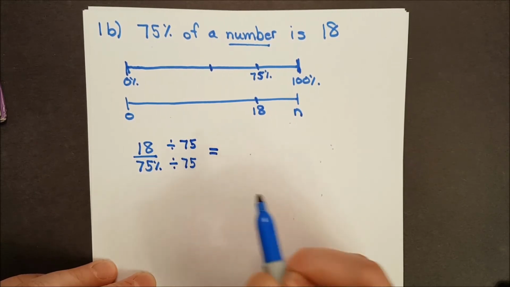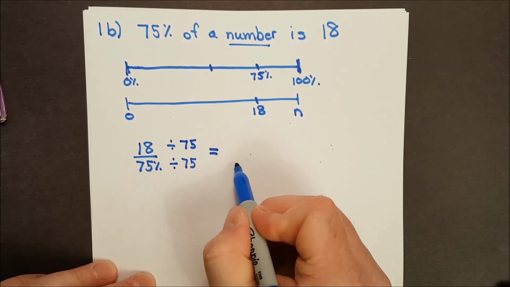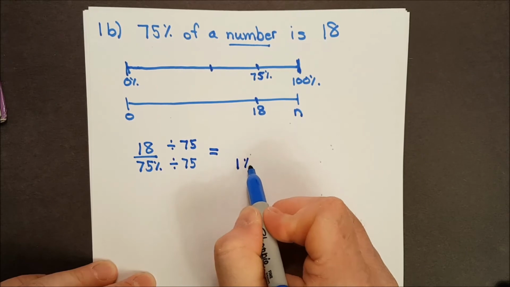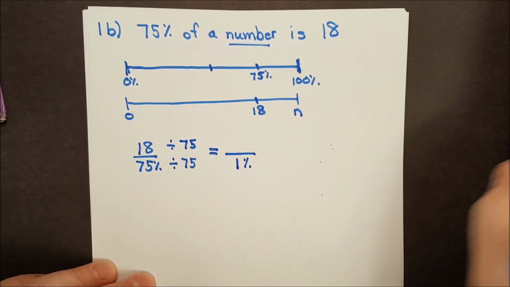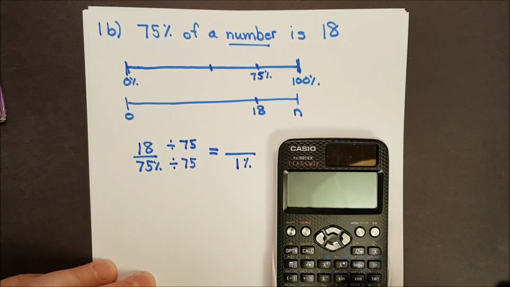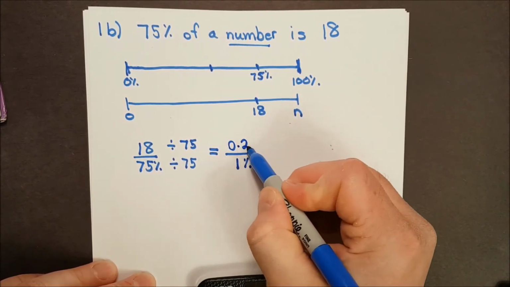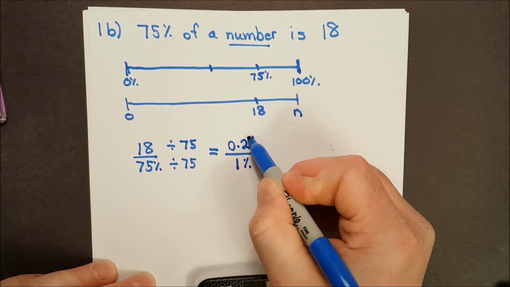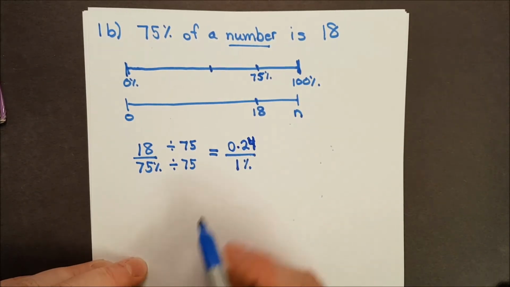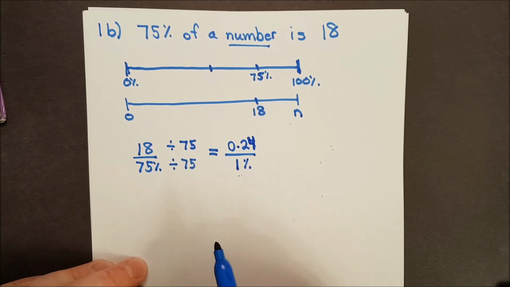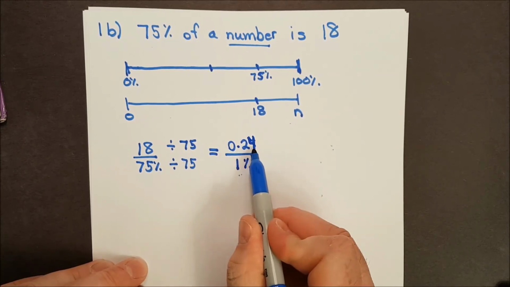So 75 divided by 75 is 1 per 1%. And 18 divided by 75 is 0.24. Now we know that for every 1%, we have 0.24.